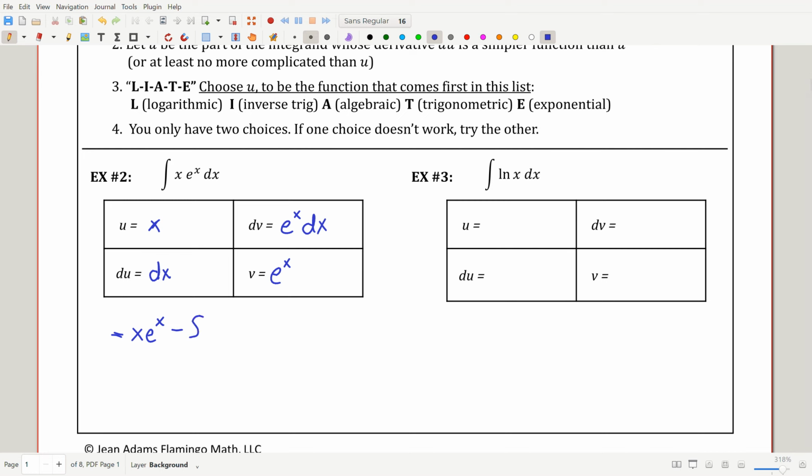So it's uv minus the integral of v du, and if it's a simple example and you've done it right, that should be an integral that you know. We've already solved it once before. x e to the x minus the integral of e to the x, which is just e to the x. And now I don't have any more integrals, so I need to put a plus c.